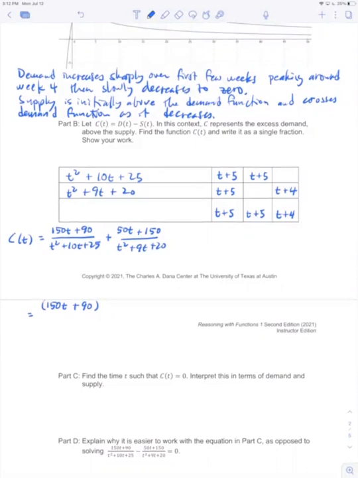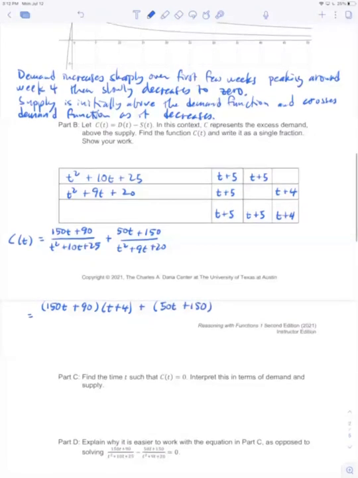It's missing the t plus 4 piece, so it's going to need the t plus 4. And then plus the 50t plus 150. This has a t plus 5 and a t plus 4, but it's missing one of the t plus 5s. So it's going to need a t plus 5. All of this is over t plus 5. Instead of writing that twice, I'm just going to write it as a square, and then t plus 4.